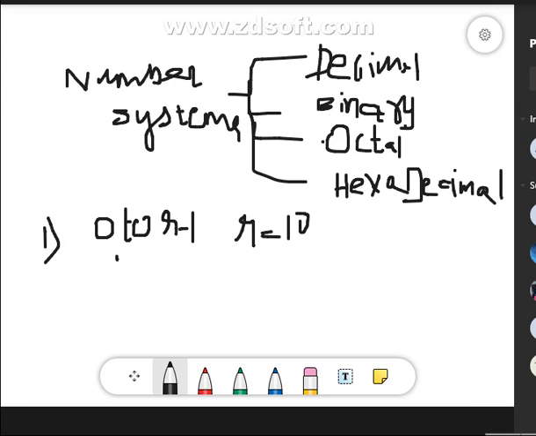So the limit is 0 to 10 minus 1, that is 9.